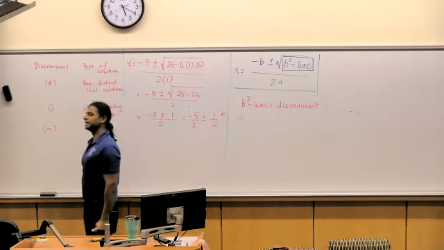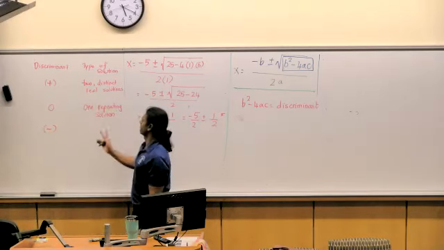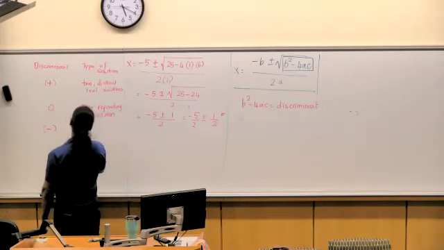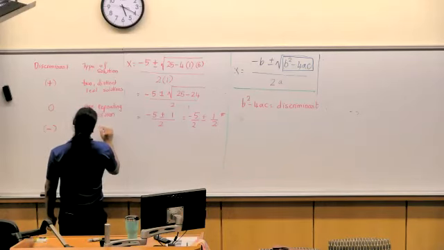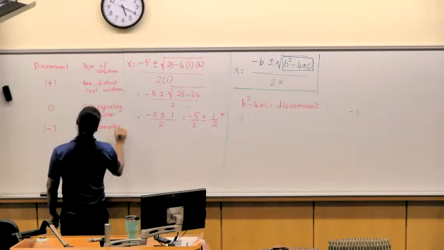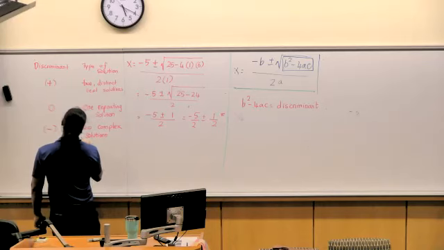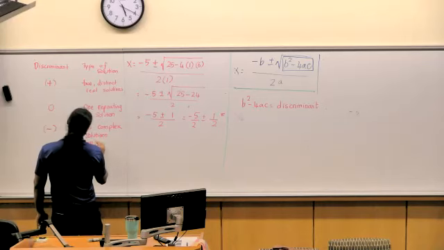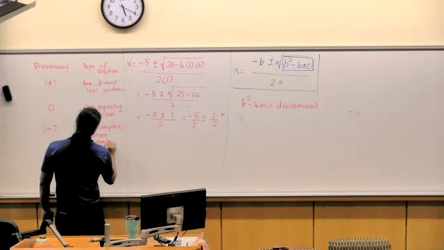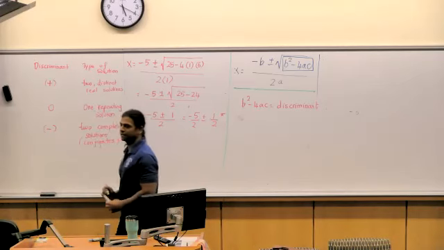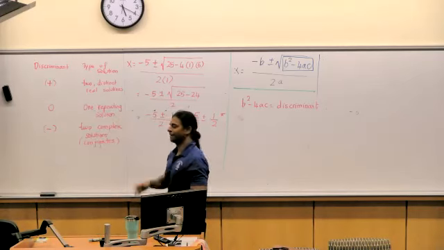If the discriminant is negative, then I would have two complex solutions, and they are always conjugates of each other.